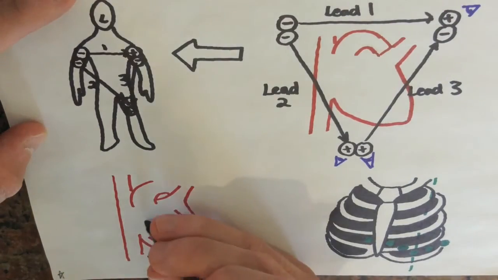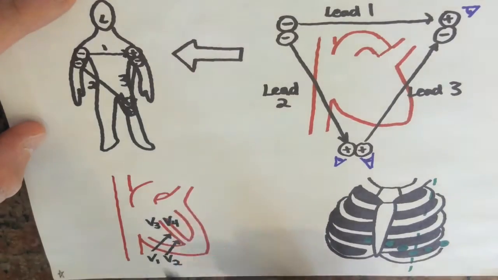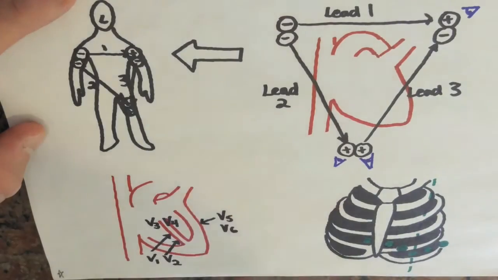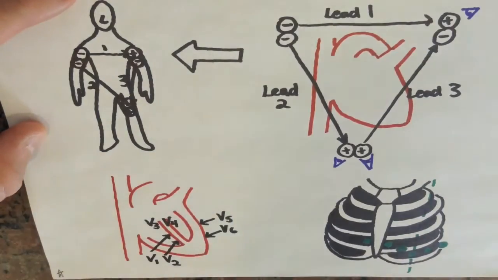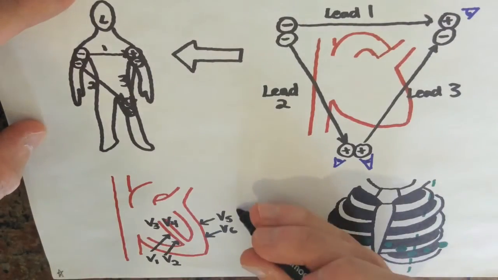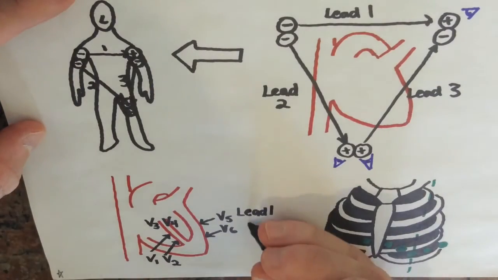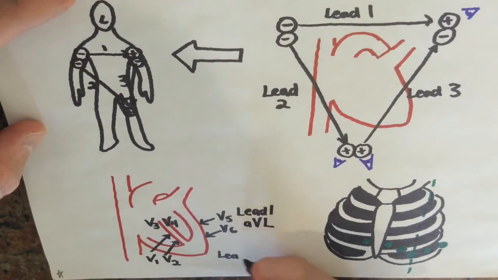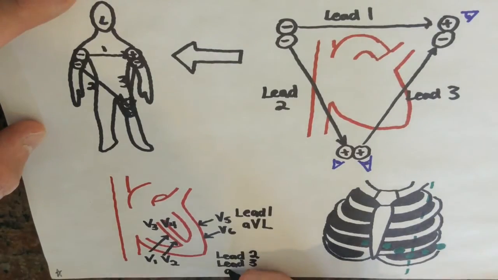Hard to depict here, but V3 and V4 view this anterior surface of the heart, and V5 and 6 look at the lateral wall of the heart. If you think about it, lead 1 and AVL also contribute to this side of the heart. It is also very important to note that lead 2, lead 3, and AVF look at the inferior wall.